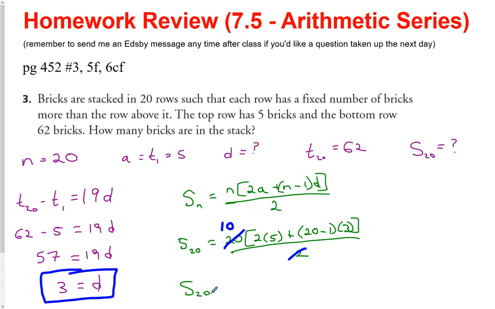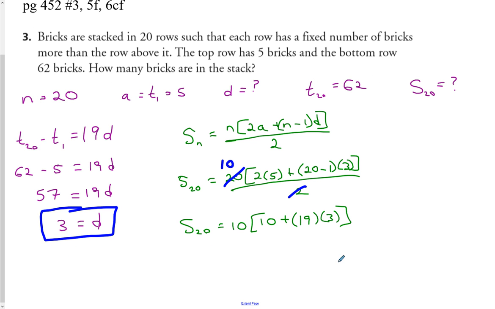Okay, let's simplify this a little bit more. We've got 10 times 2 times 5 is 10. 20 minus 1 is 19 times 3. Let's get ourselves a little more room here.